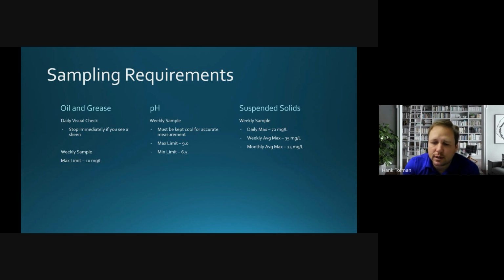So we're looking for the milligrams per liter, and so it's going to give us NTUs. We're going to divide it by 3 to get an estimate of the milligrams per liter. If we are outside of the daily maximum, then we definitely should not send in that sample.